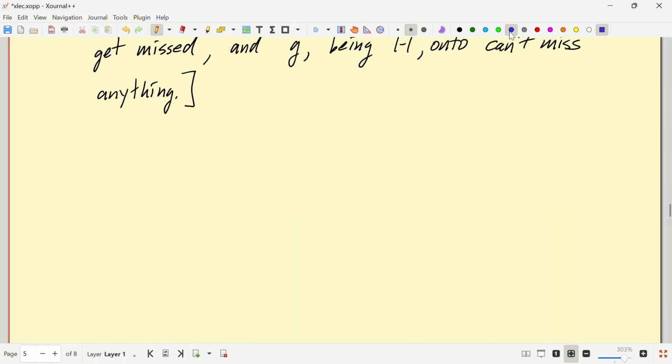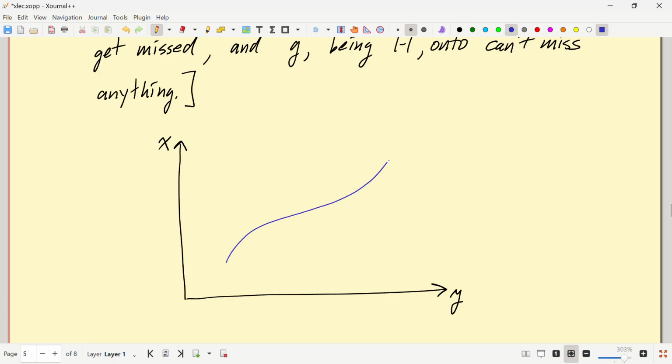I'm going to blow the whole hour on this. I take that transparency, flip it over and stick the x-axis pointing up and the y-axis pointing that way. The graph I would see here, what would it look like? I think it would look like that.